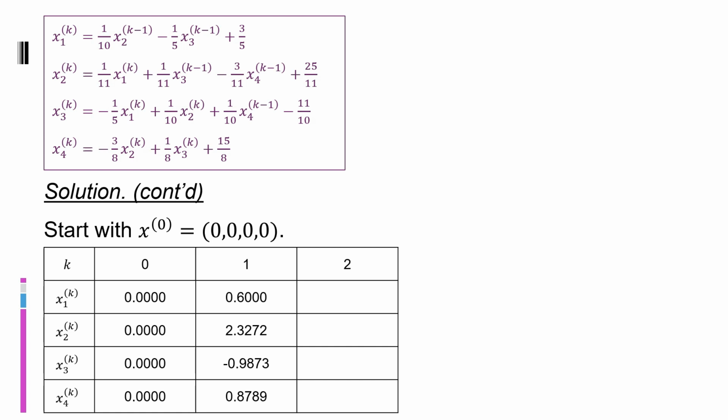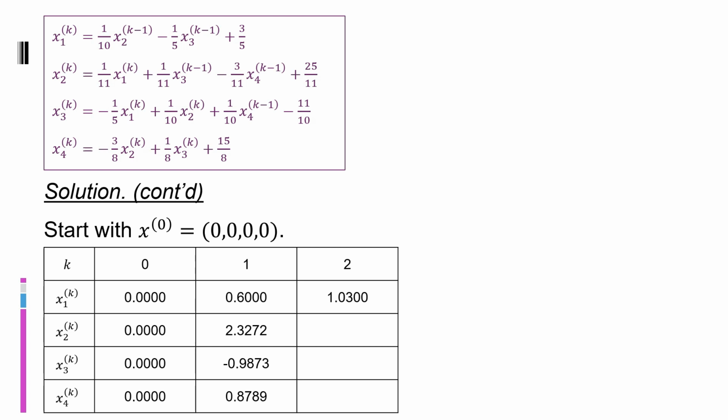For k equals 2, so we have x sub 1 equals 1/10 times, so etong mga new values ang gagamitin, 2.3272 minus 1/5 times negative 0.9873 plus 3/5, which is equal to 1.0300.